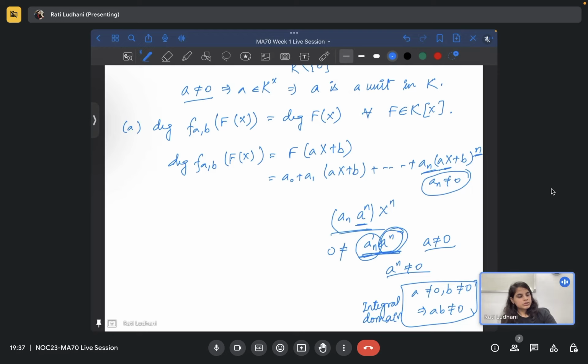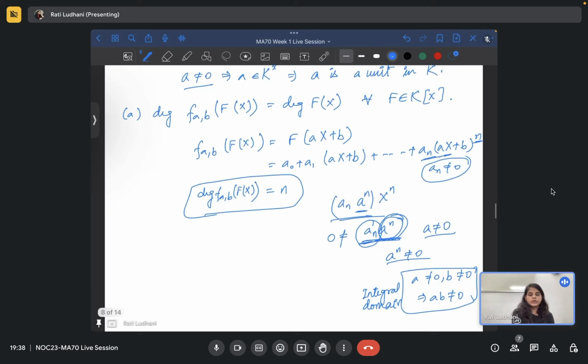Okay, so the degree of F_{a,b}(f(x)) will be what? n. So a not equal to 0 is making sure that the degree will stay the same in this map.